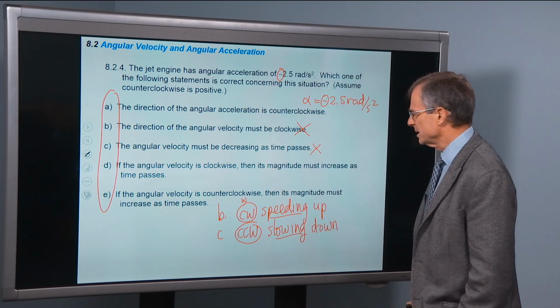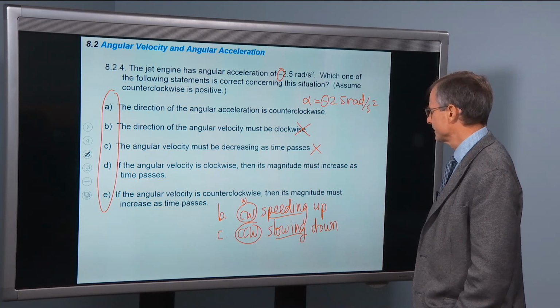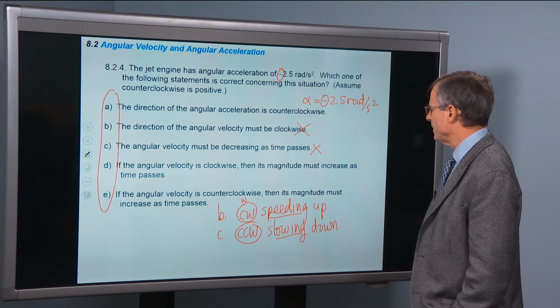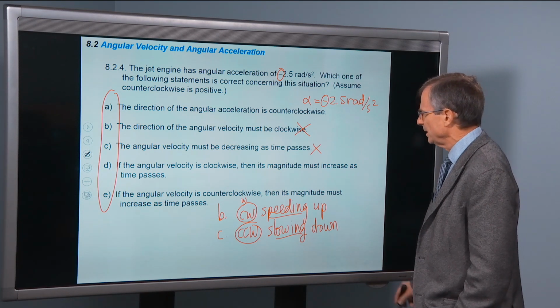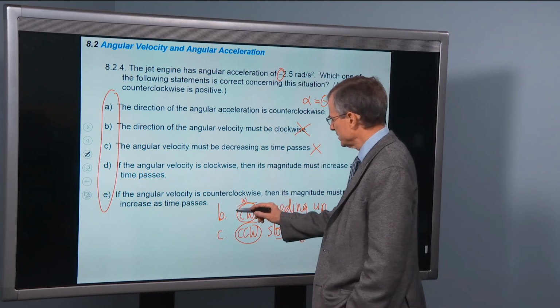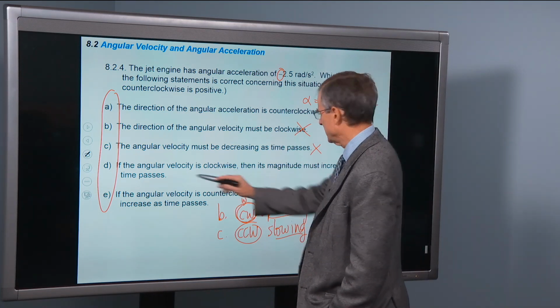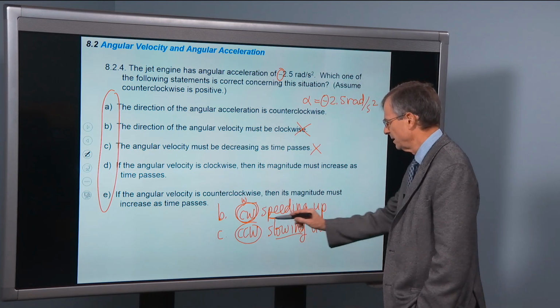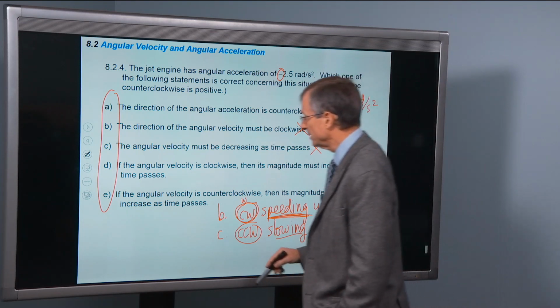If the angular velocity is clockwise, then its magnitude must increase as time passes. And that's exactly this case. So here's our answer.